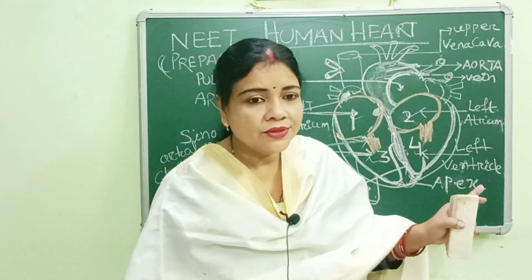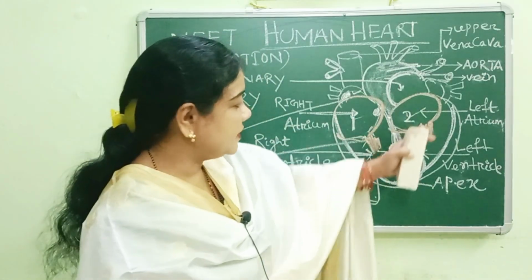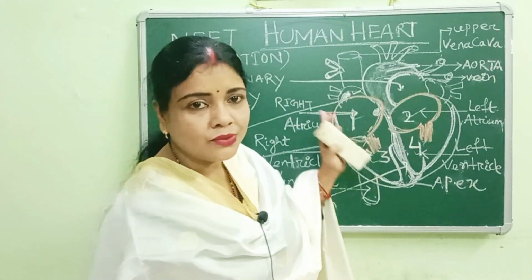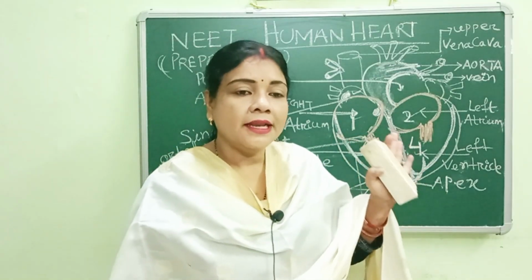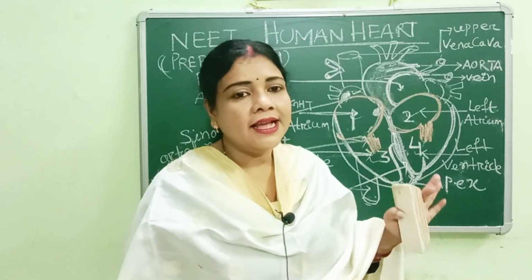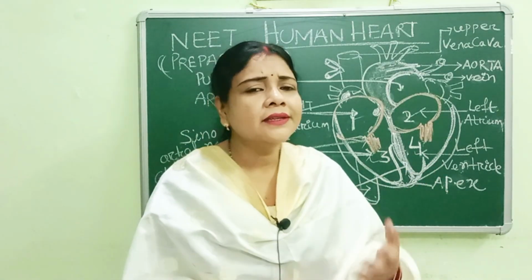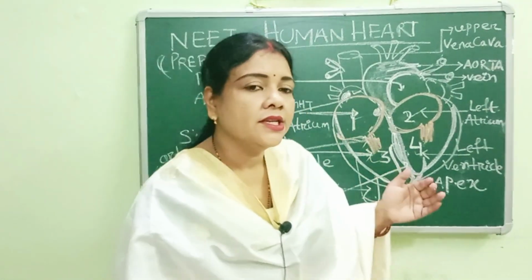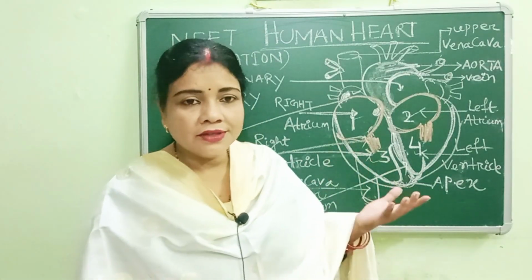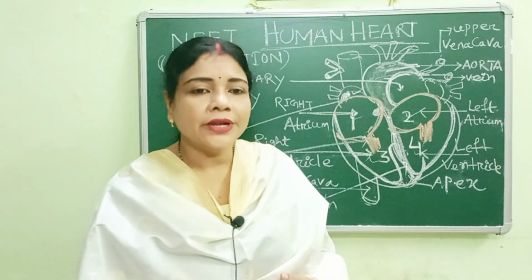So as you know, the heart is divided into four chambers: right atrium, left atrium, right ventricle, and left ventricle. Then what are their functions? Actually, these four chambers take the deoxygenated blood from the whole body.